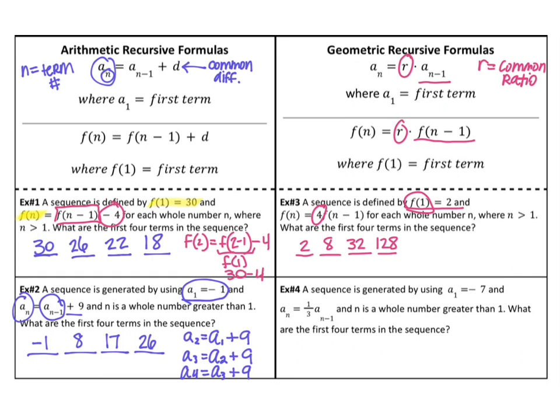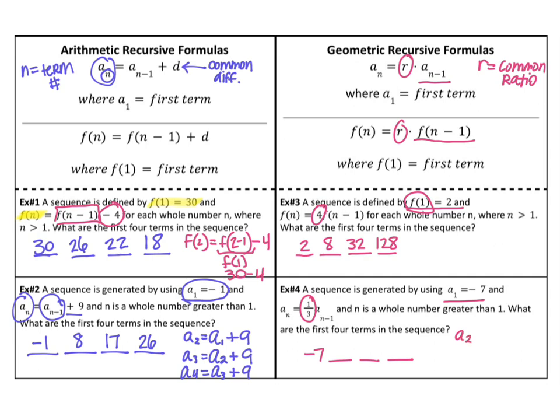In example number 4, a sequence is generated by using a sub 1 equals -7, so there's my first term, and a sub n equals 1/3 times a sub n minus 1. So 1/3 is my common ratio. What are the first 4 terms? Well, the first one is -7, and then what are my next 3? Multiply by 1/3.